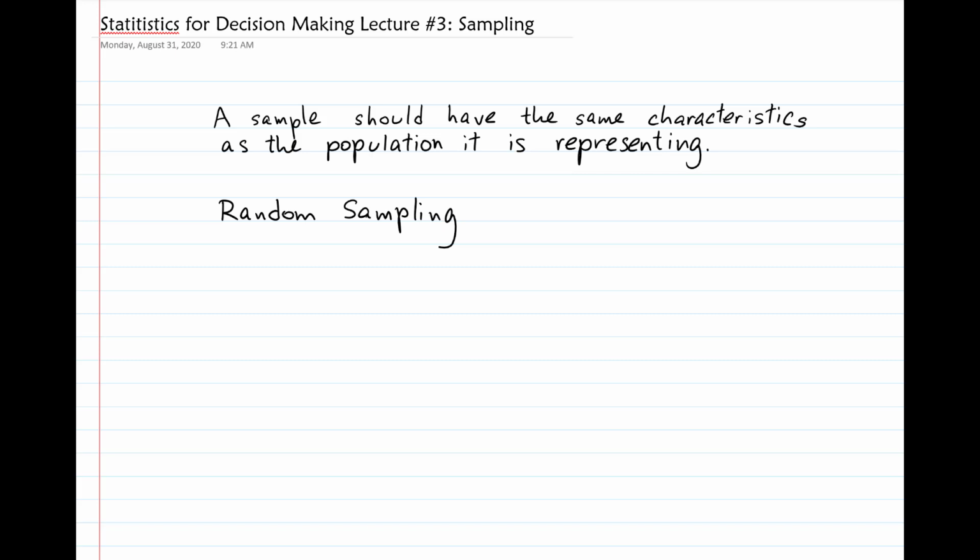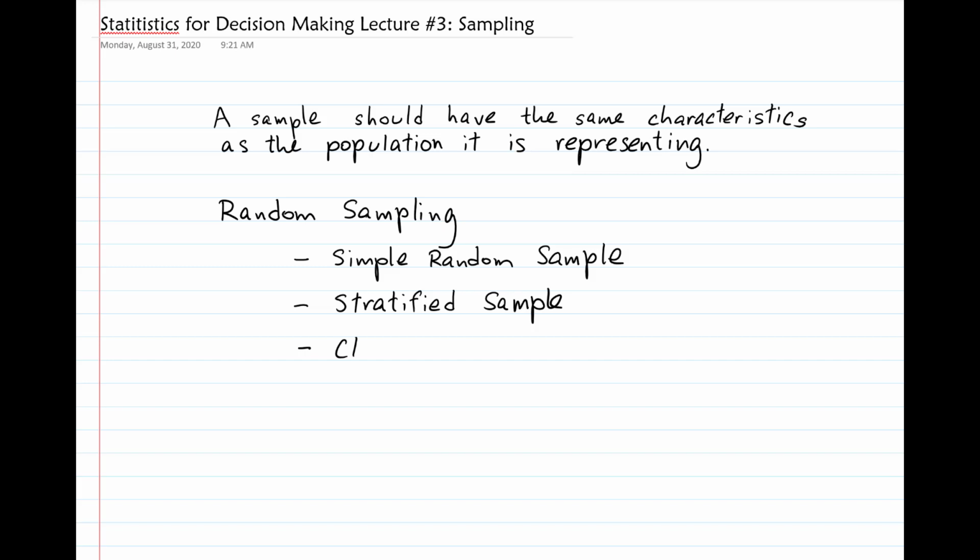We're going to talk about a simple random sample, and then we're going to cover stratified sample, and then cluster sample, and the fourth one is systematic sample.